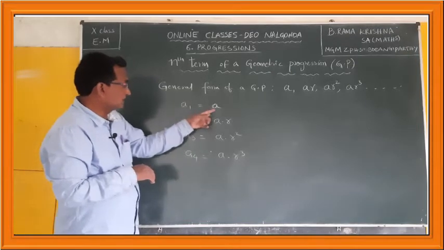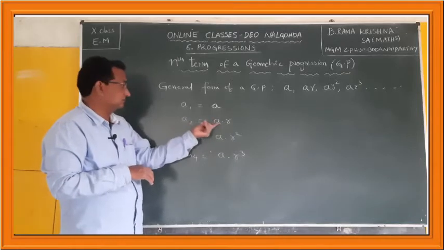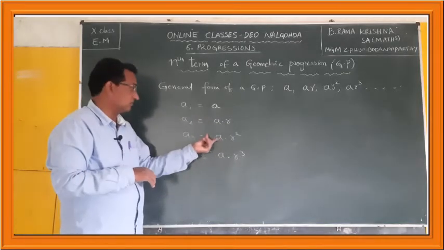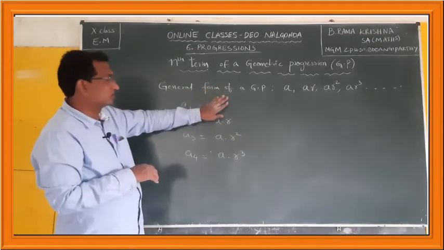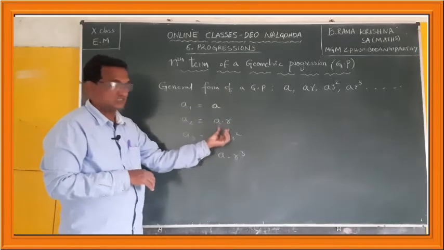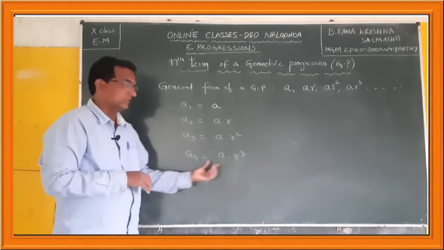Okay. So, a is multiplied by some fixed value r, we get the second term ar, and this ar, if you multiply with the same r, you get what? ar square, like that. So, here we do not multiply any r, here you multiply r for the first time, here 2 times, here 3 times you multiply that r.